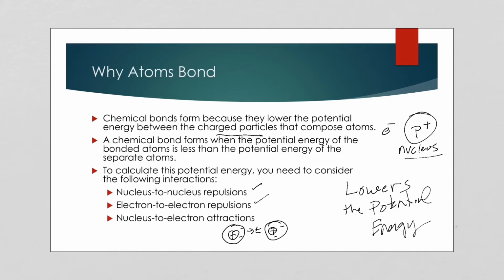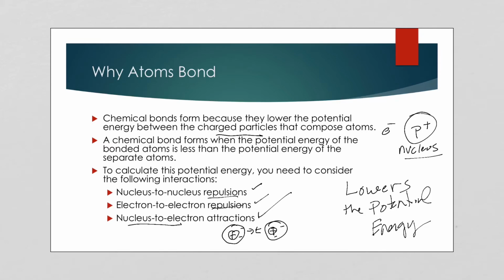Of course, we're also going to have to deal with electron-electron repulsions. As atoms get close together, electrons repel each other. They don't want to be close to each other. But ultimately, it's a balancing act between these repulsions and the attractions between the respective nuclei and the electrons in the opposite atom.